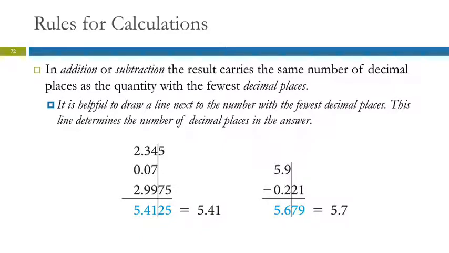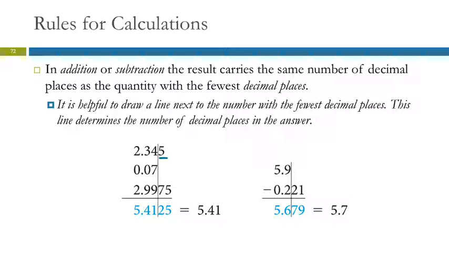So that's the rule. Let's look at it a little more detailed to try to understand why it is that way. So, assuming that these are measurements, what is the uncertain digit in 2.345? It's the last significant figure, right? So the 5 is the uncertain digit. I'm going to underline that.